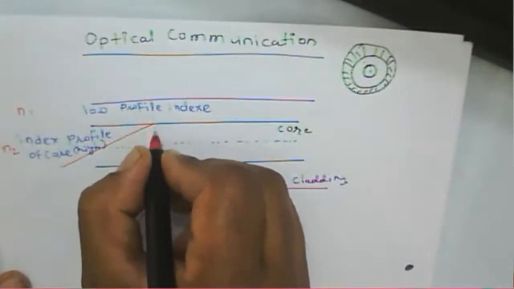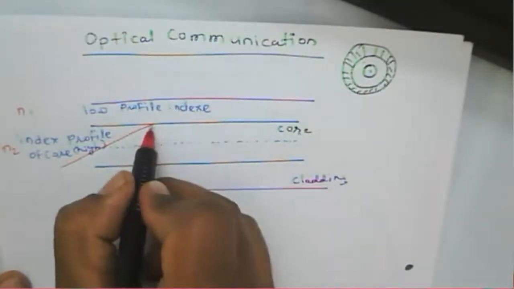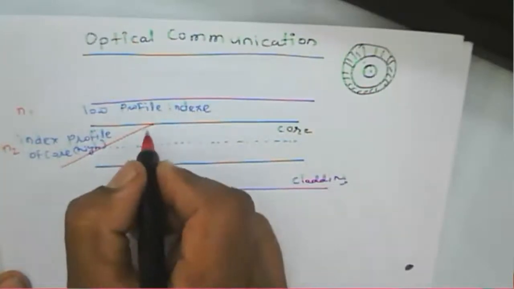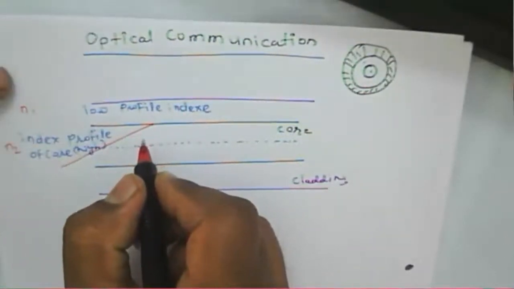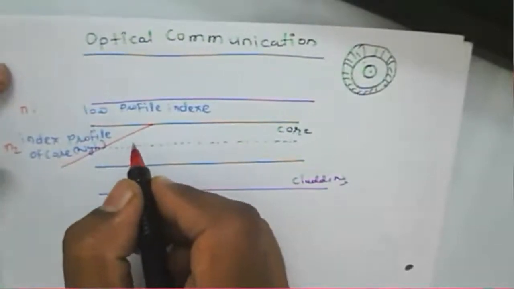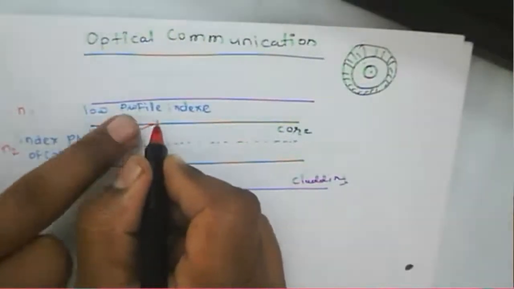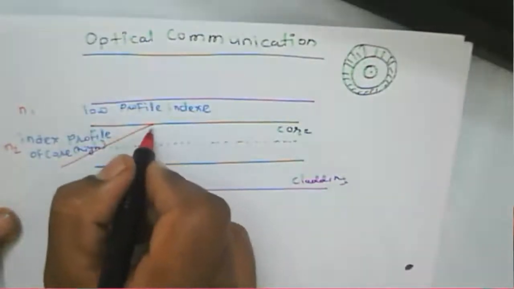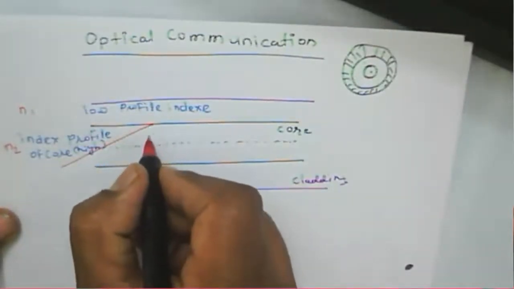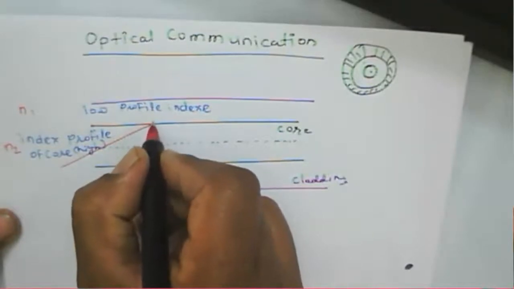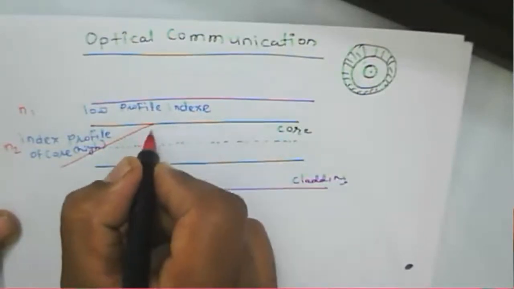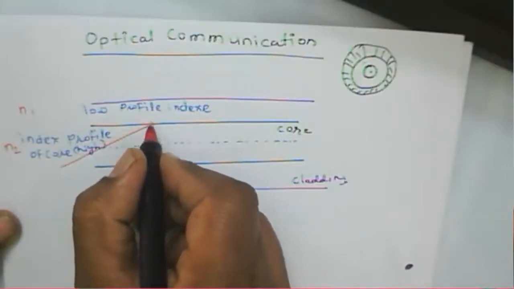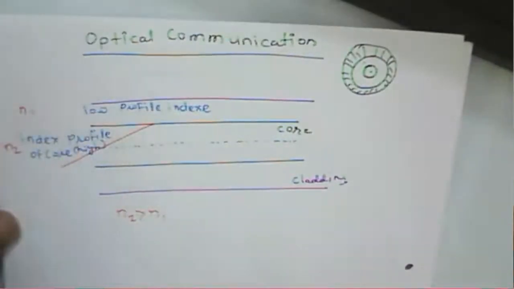At the boundary between the core and cladding, because of the refractive index, the cladding has a low index of refraction, so the light will not propagate into the cladding. And again we need to maintain the angle.